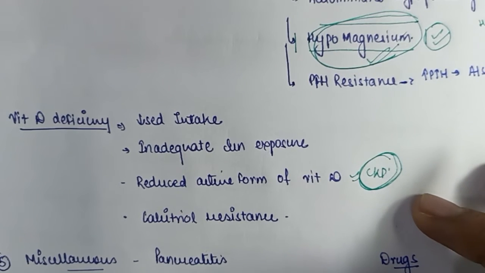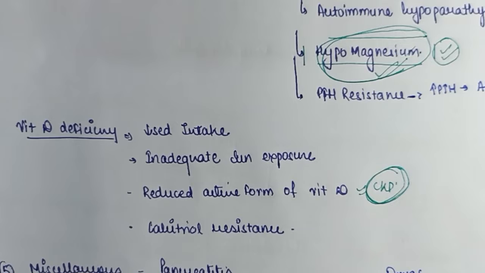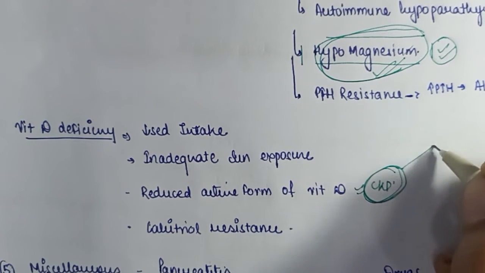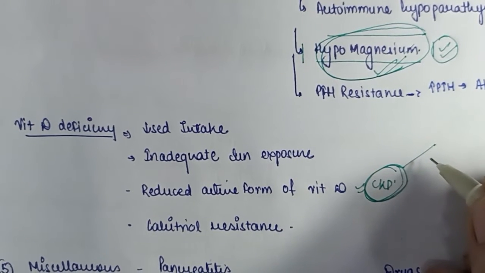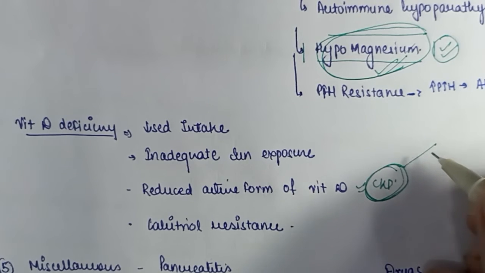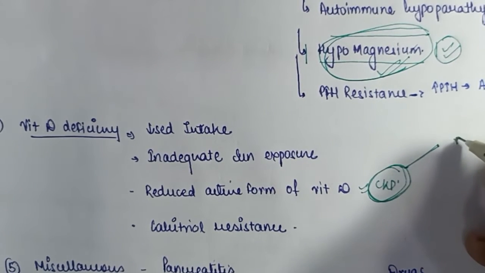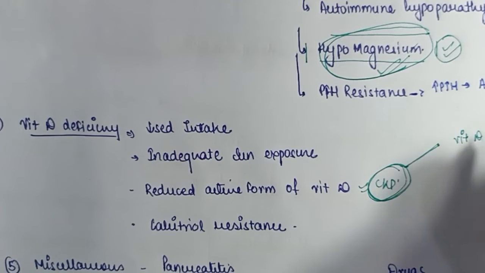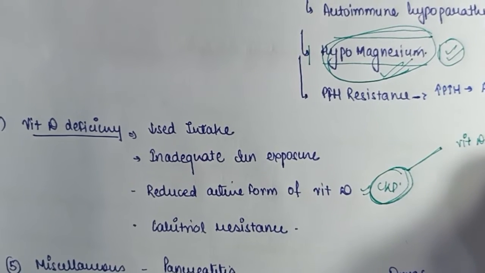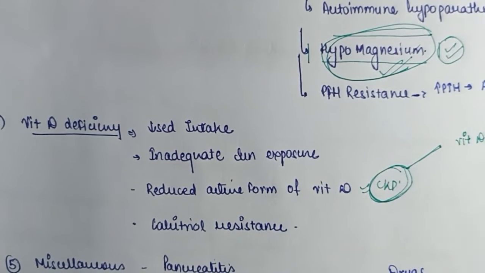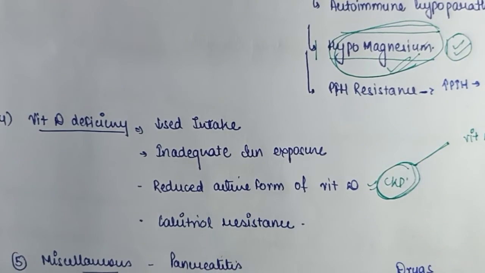So in a CKD patient, there is decreased synthesis of the active form of vitamin D, resulting in vitamin D deficiency and hypocalcemia. In CKD patients we mostly see hypocalcemia because of vitamin D deficiency. So vitamin D deficiency is one of the important causes of hypocalcemia in CKD patients.